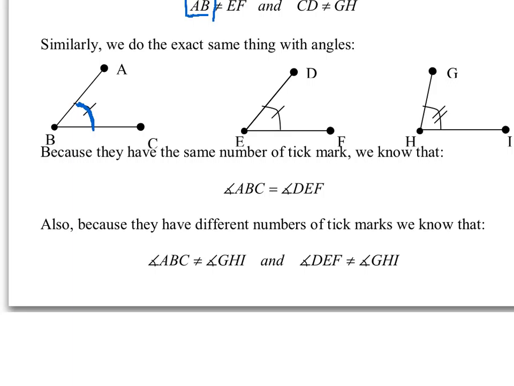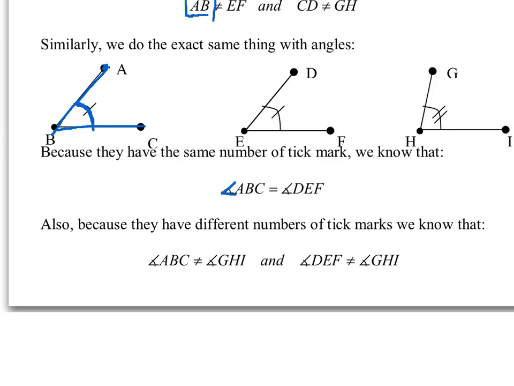Same thing with the notation down here. You're going to see that instead of putting a line over the top of it, they put a little angle symbol right next to it. And really important about angles is that you're able to read them. They go in order from one of the outside points to the vertex, and back to the other outside point.